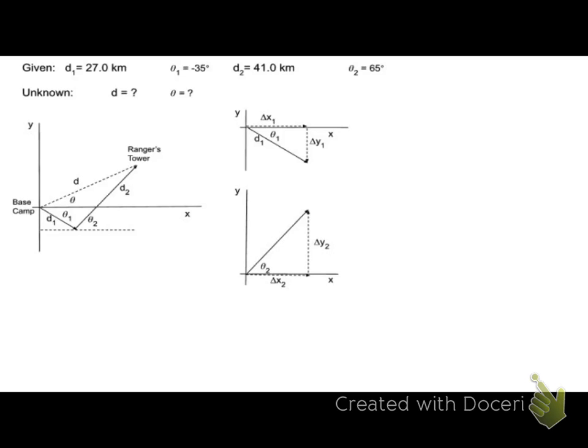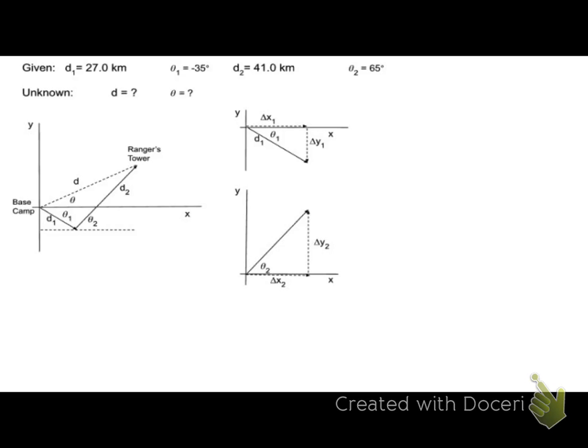We know the length of this and we know the length of that. What we are trying to solve for is this right here, this resultant. In order to do that, we need to break each piece up into its horizontal and vertical components.